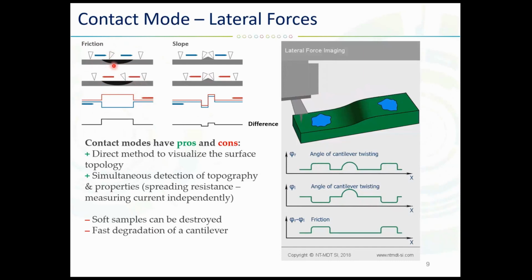Please also note that depending on the direction of the scanning, here we're going to the right and here we're going to the left, the twisting happens in the opposite direction.